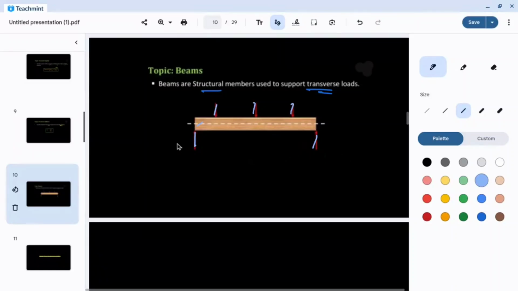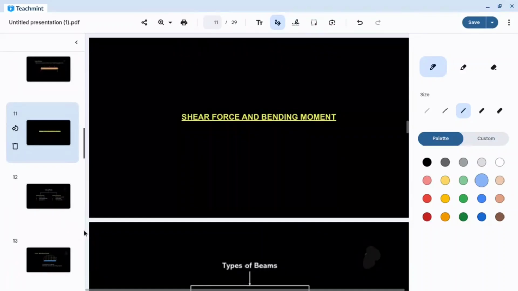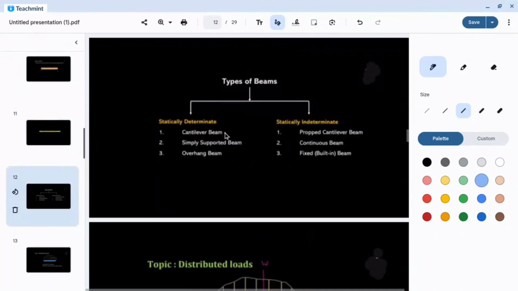Types of beam: cantilever beam, simply supported beam, overhang beam, drop cantilever beam, continuous beam, fixed beam.